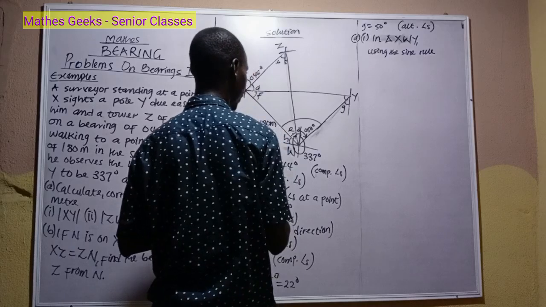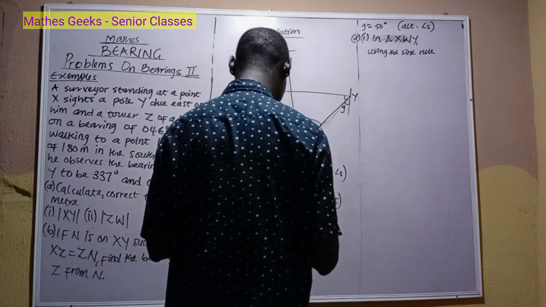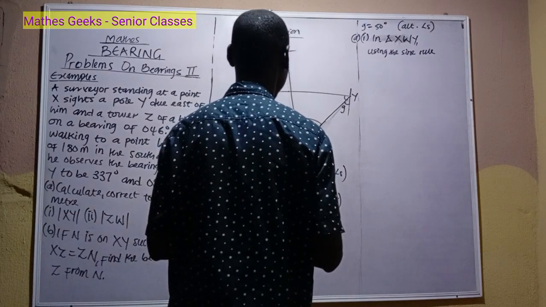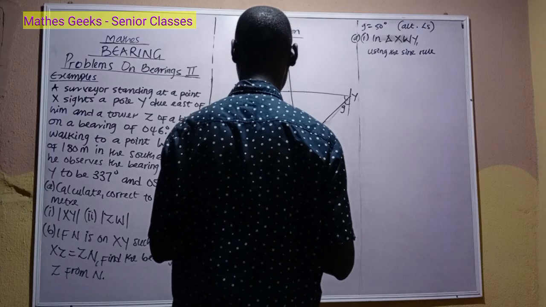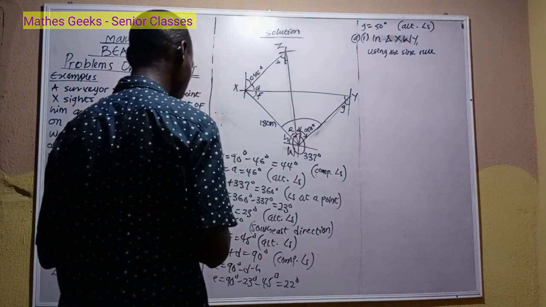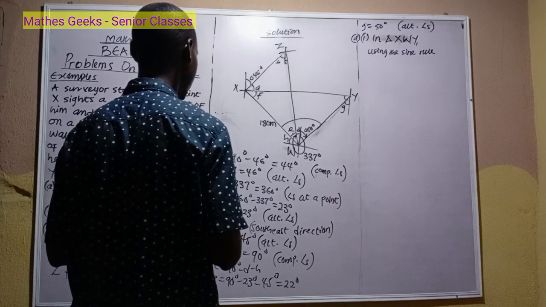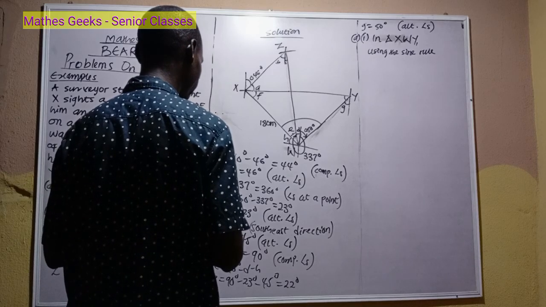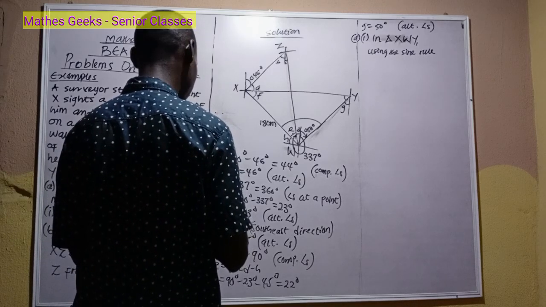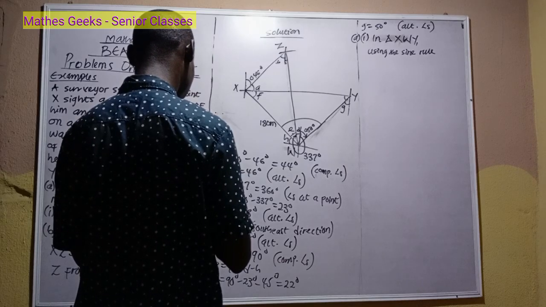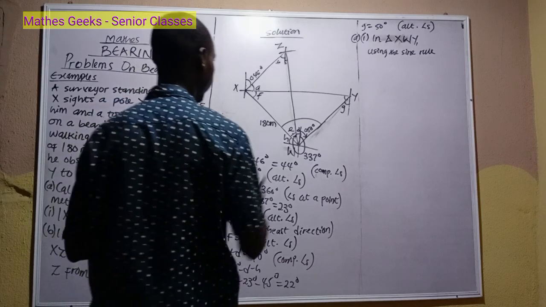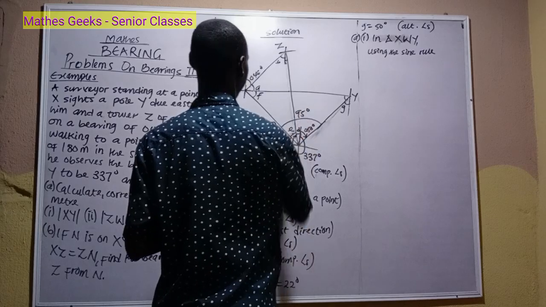E plus D plus 50. Our E is 22, D is 23, and then plus 50, 95. The angle here is 95 degrees.